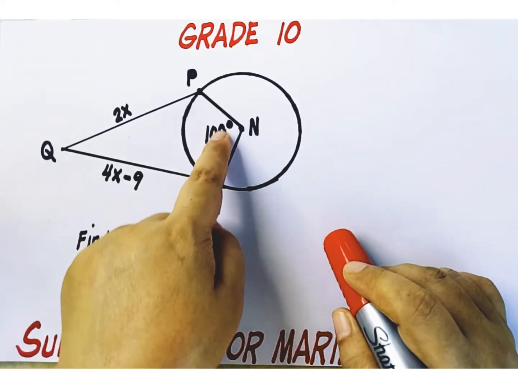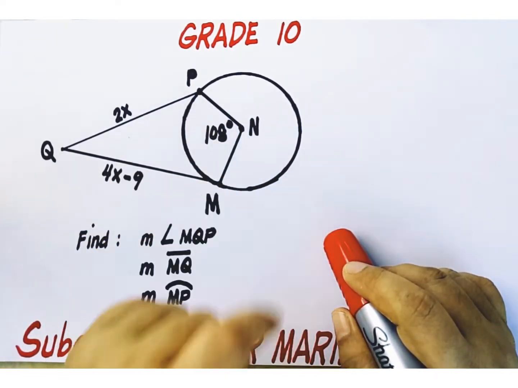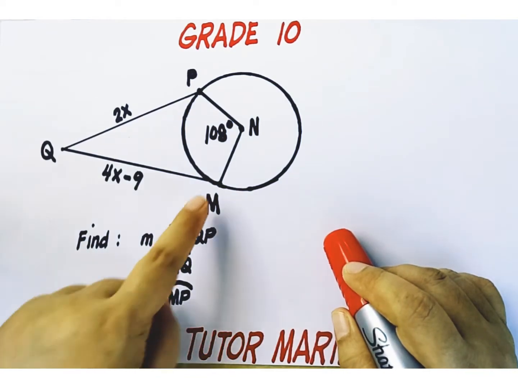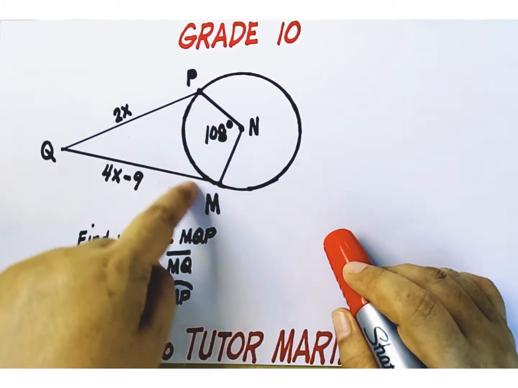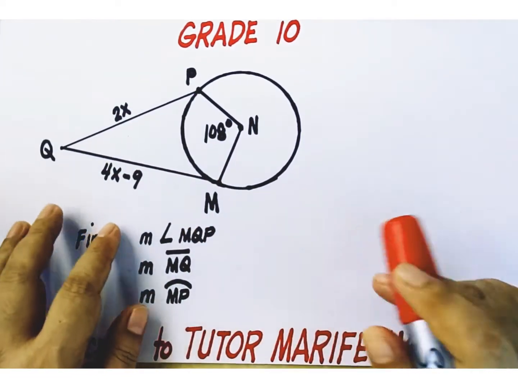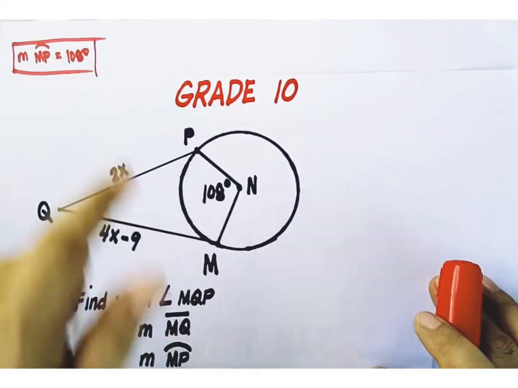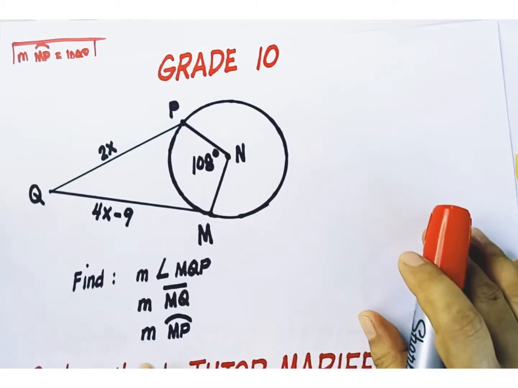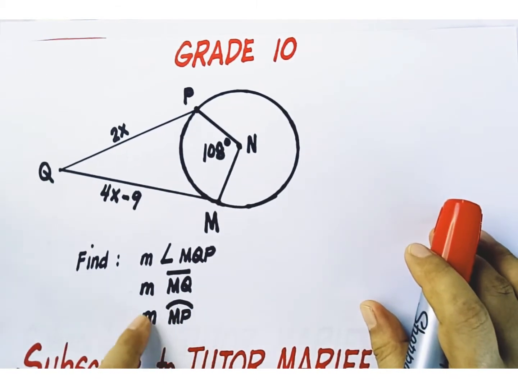Therefore, if this central angle measures 108 degrees, then the measure of its intercepted arc MP is also equal to 108 degrees. So we're done with the indicated arc.